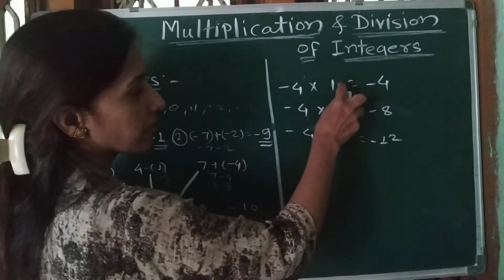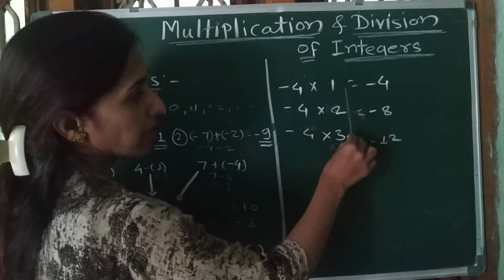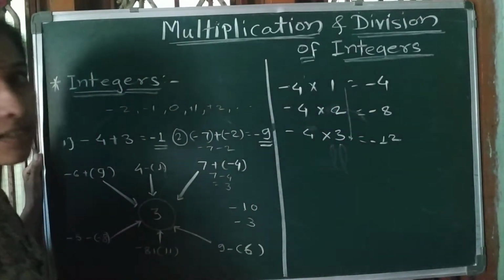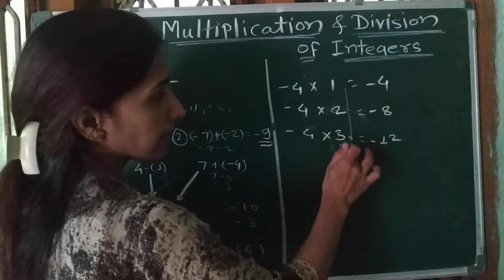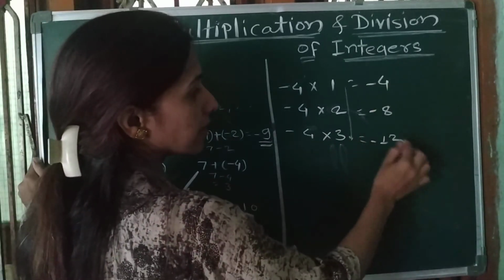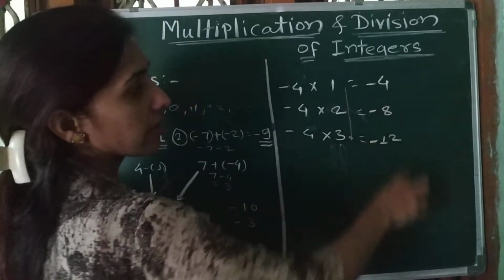Means as this multiplier is increasing, the product is decreasing.